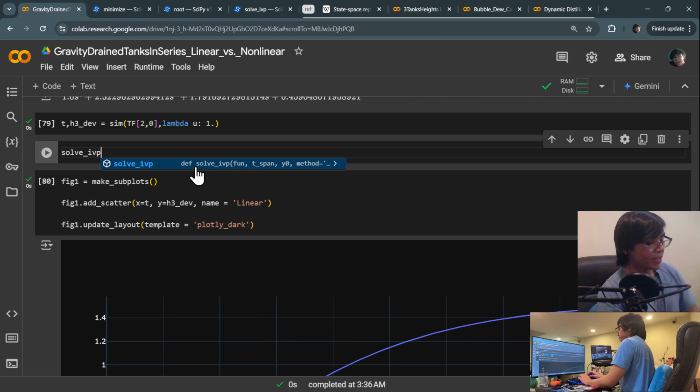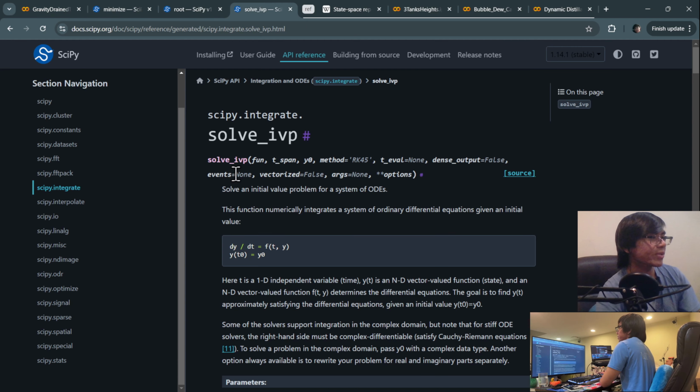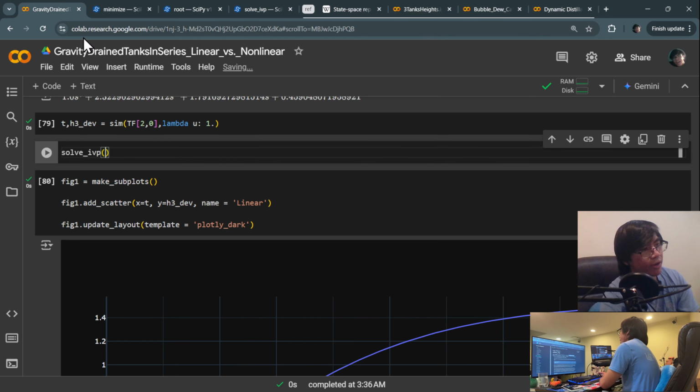Solve IVP takes a function with independent variable time and our dependent variables. Let me double check myself. We also have a span and our initial guess. And remember, we always use the method and then dense output true, so we can evaluate our function at the times that we simulated.